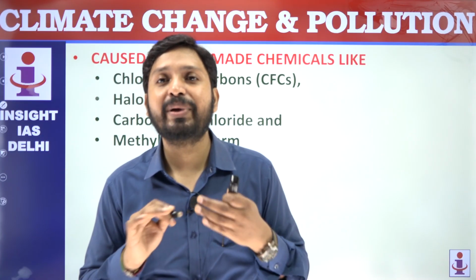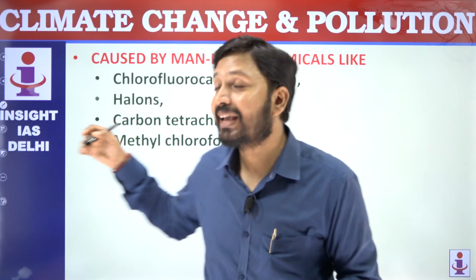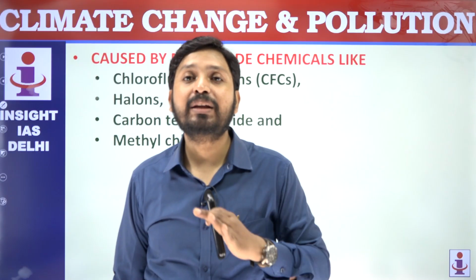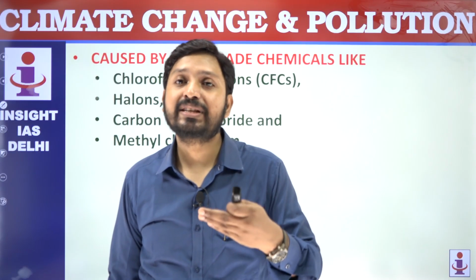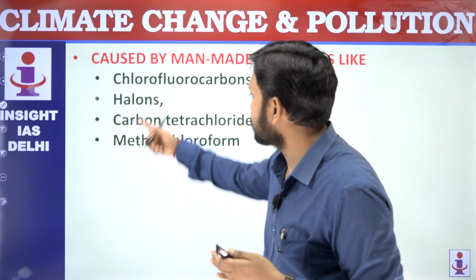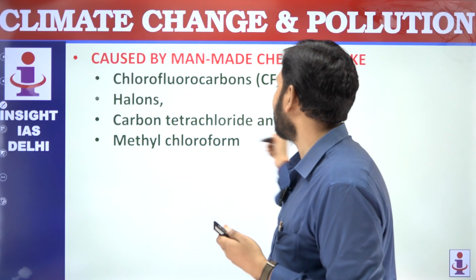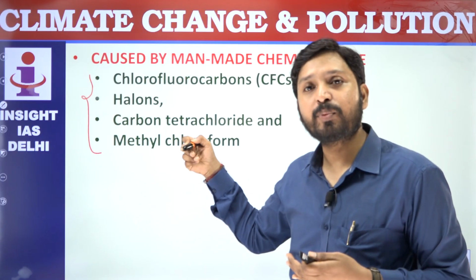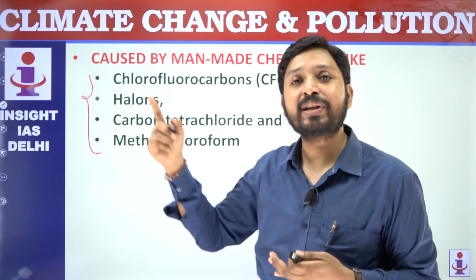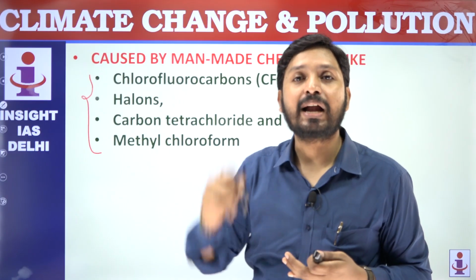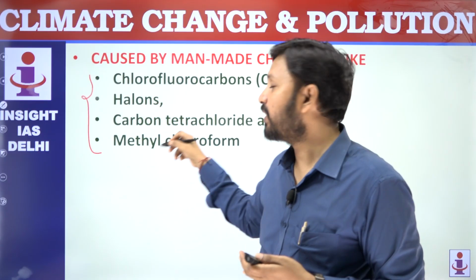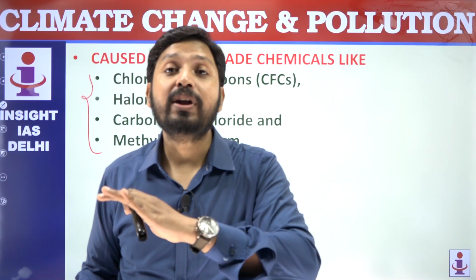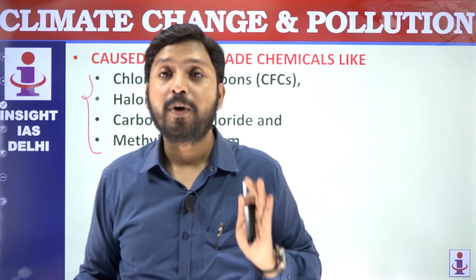So we believed that this is the best invention, but later we came to know that the gases used in this are reaching the stratosphere and depleting the ozone, which is leading to the ozone hole. So what are those gases? Chlorofluorocarbons, halogens, carbon tetrachloride and methyl chloroform. When these gases are released into the atmosphere, they reach the stratosphere, and once these gases are impacted by ultraviolet rays, they release chlorine and bromine atoms, and each chlorine atom will destroy thousands of ozone molecules.